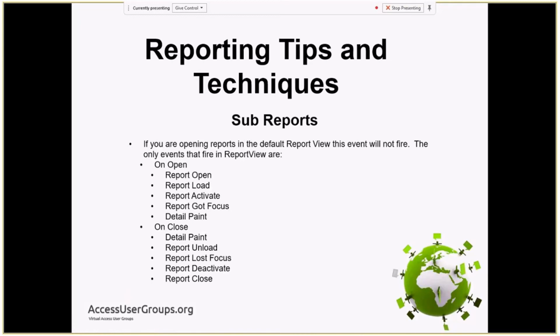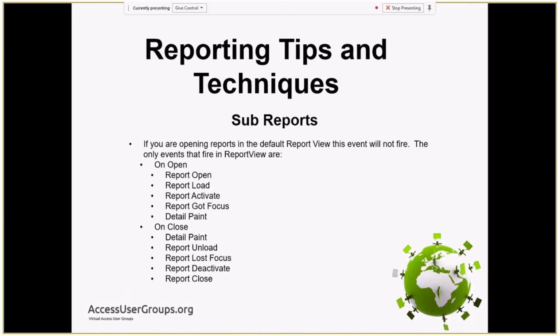Because the report view is a little different, and we saw that with the example of the fact that it didn't use the has no data or has data field or property to control whether or not the subreport prints or not, I wanted to just briefly review what happens on this report view, which is the default.